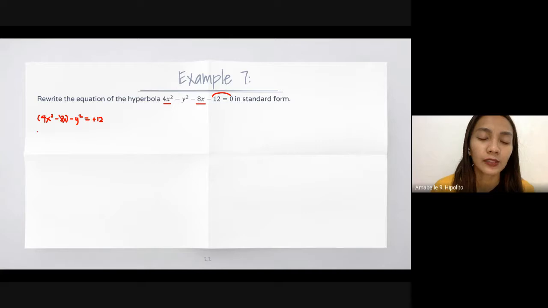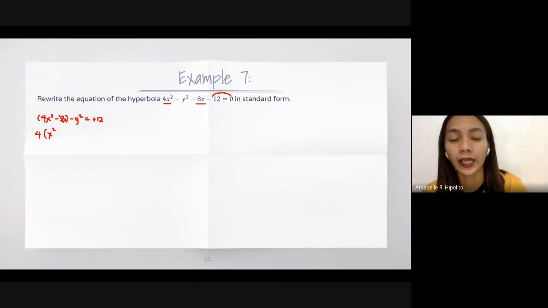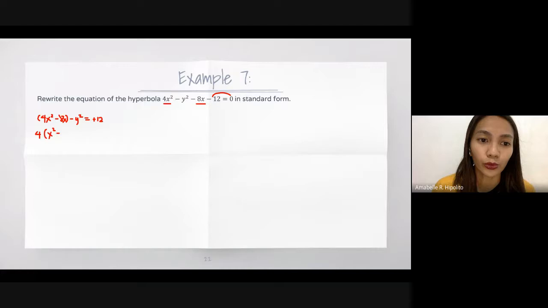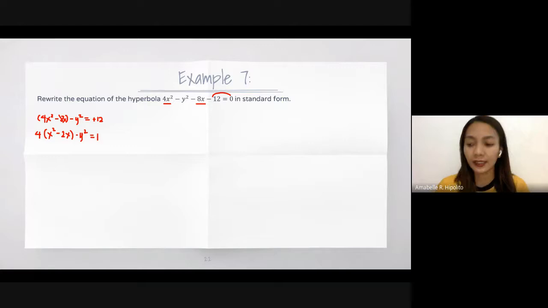Labas mo yung 4. So, ito, magiging na lang siyang x squared minus 8 divided by 4 is 2. So, 2x. And then, copy y squared is equal to 12.